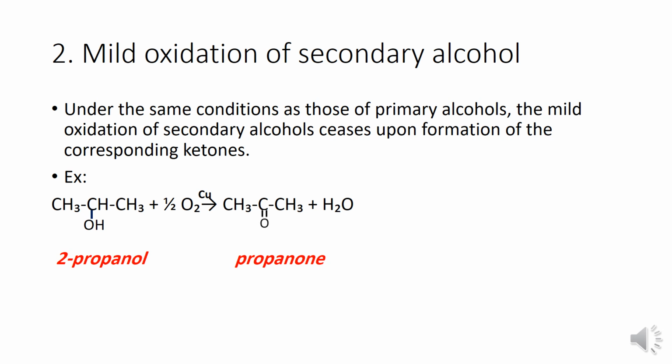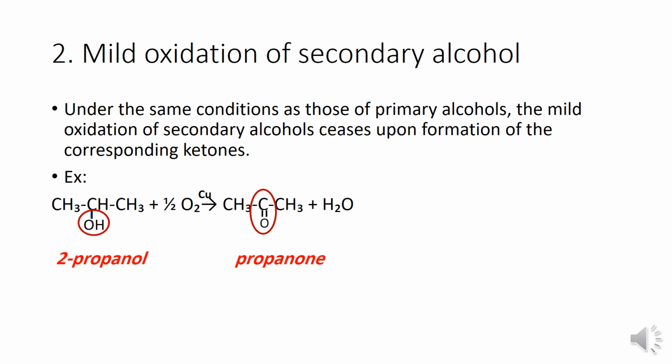The second carbon atom will have the carbonyl group. The OH becomes C double bond O, and we notice here that the C double bond O is not at the extremity of the chain, it is within the chain, so it is called ketone.